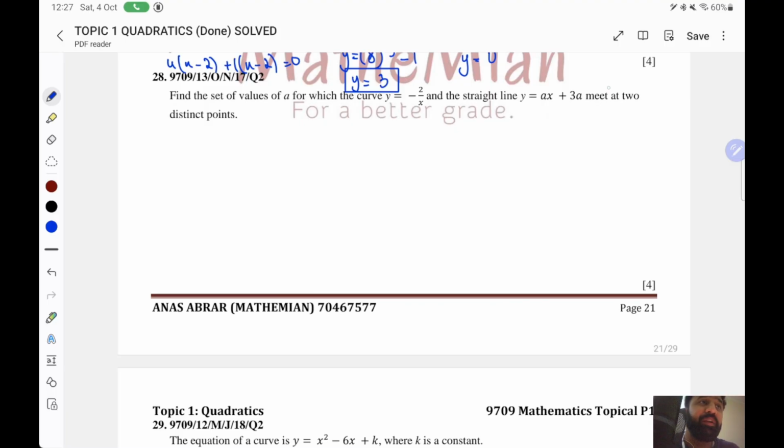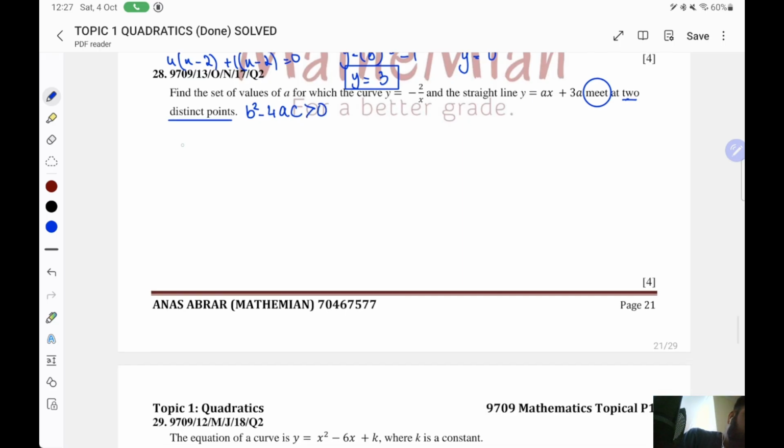It means you need to put both equations equal to each other, and they meet at two distinct points. Whenever he says two distinct points, he means the discriminant has to be greater than 0. So b square minus 4ac has to be greater than 0.